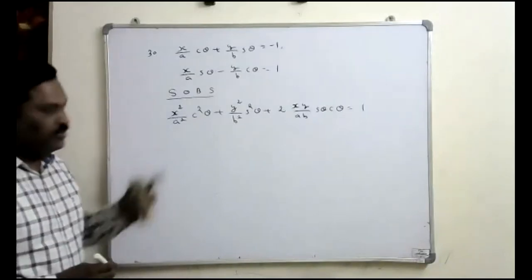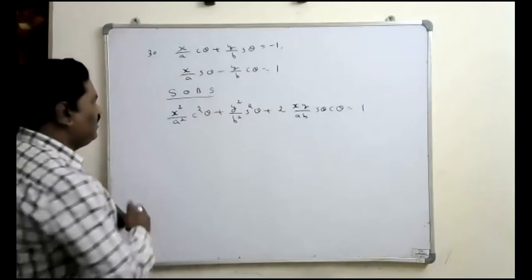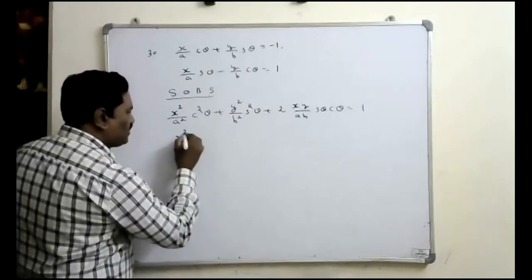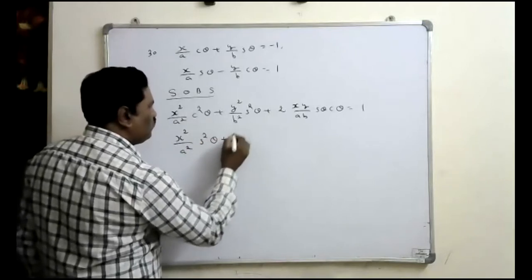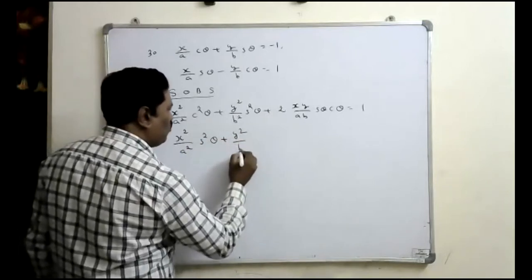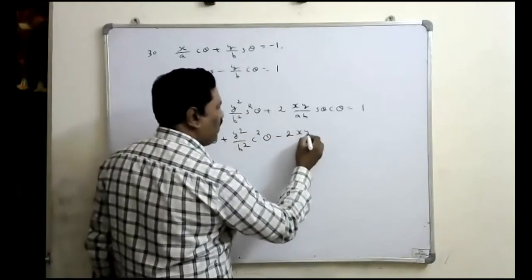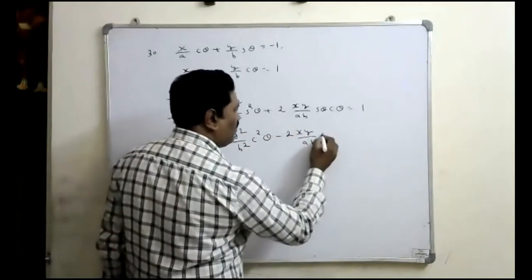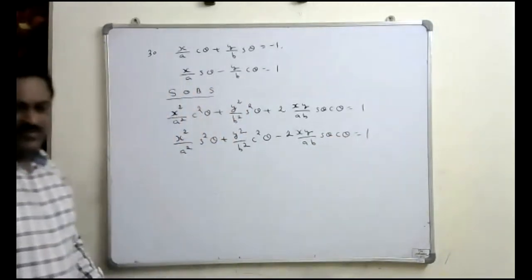This is expansion of the first equation. Similarly, square this equation also on both the sides, then it is x square by a square sin square theta plus y square by b square cos square theta. Here we'll get that minus 2xy by ab sin theta cos theta is equal to 1. This is what we are getting.